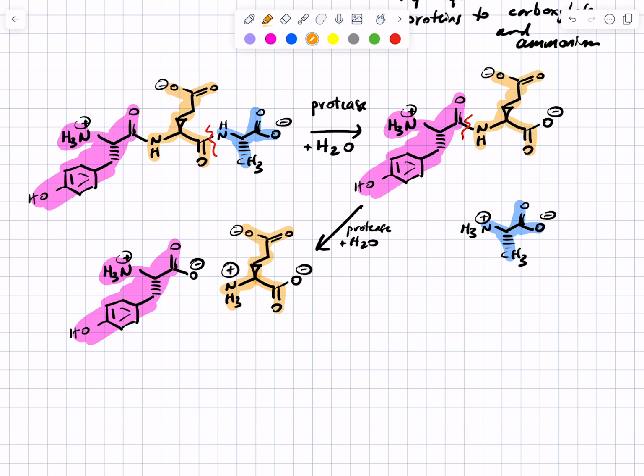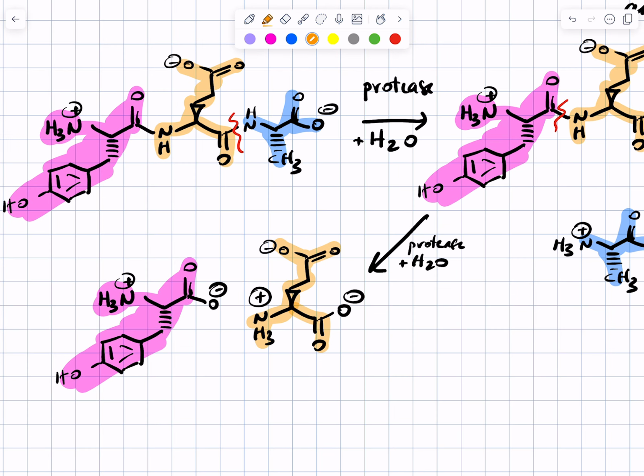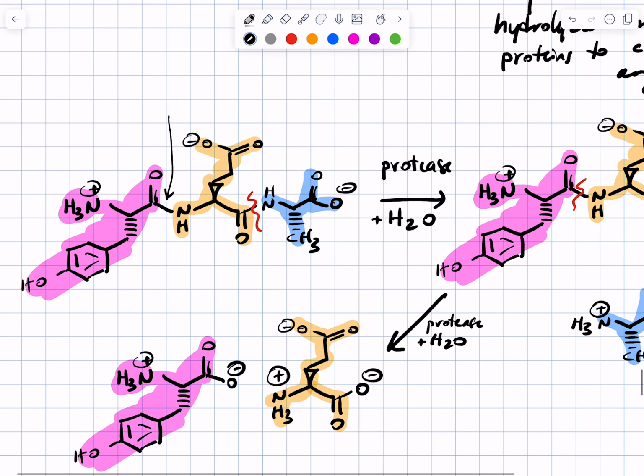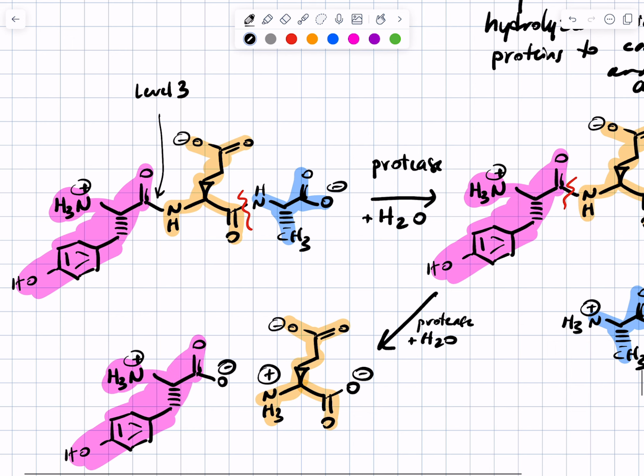Now, how uphill or downhill do you expect that to be? We're breaking amide bonds, so let's focus in. What level of reactivity is an amide bond? It's 3. It's our one thing in the level 3 category. Good. So amide bonds are level 3.